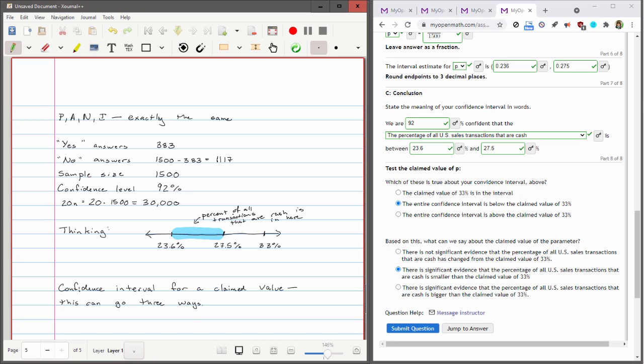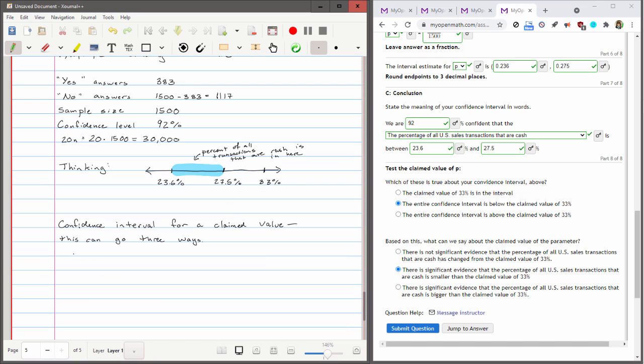And it matches the options that we have here. Right? We might have everything in the interval is less than the claimed value. And I'm going to talk in terms of this specific example. The whole interval is below 33, which is the claimed value. It wouldn't have to be 33. It could be 89 or whatever.